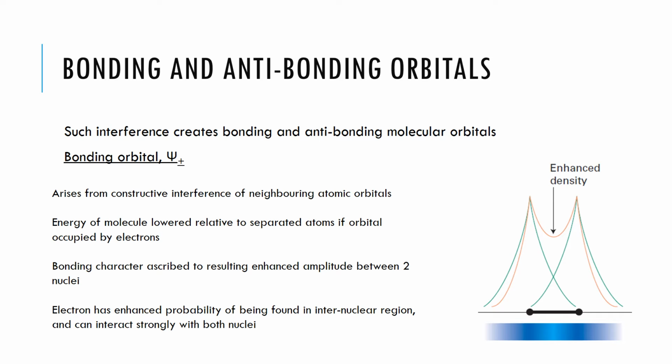And what we see then is a bonding character, and that bond is ascribed to the fact that there is a resulting enhanced amplitude between the two nuclei. Okay, so the energy level of the molecule is lowered relative to the two separate atoms. The electrons in this region have an enhanced probability then of being found in that internuclear region and can interact strongly with both nuclei. So we're developing our theory further now of what is a chemical bond.